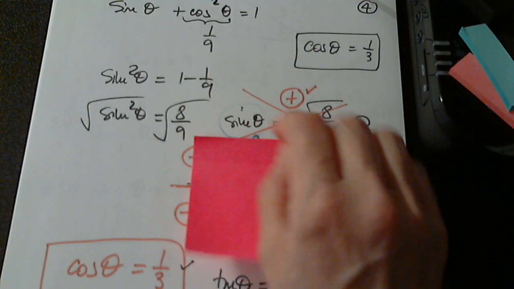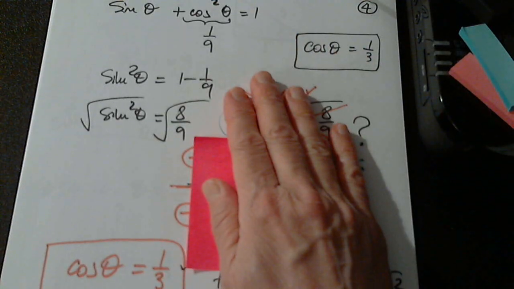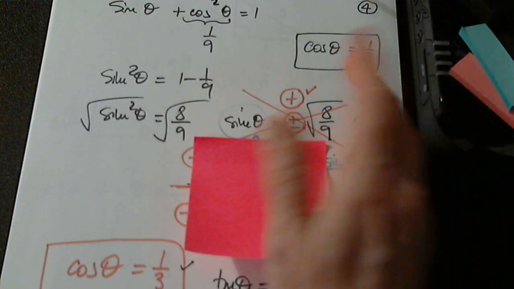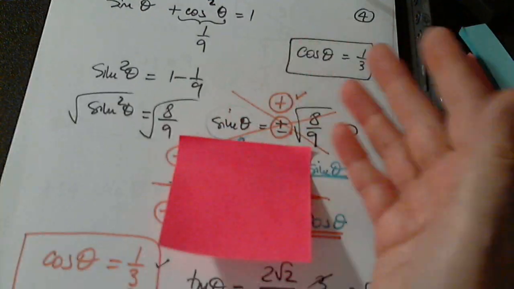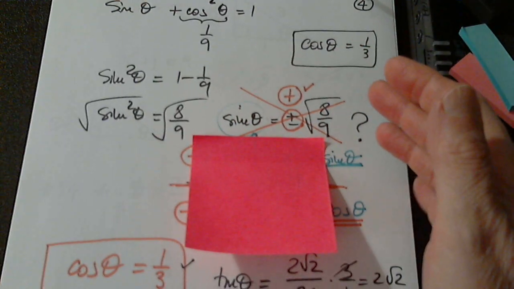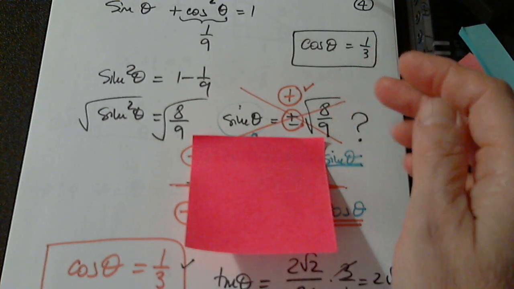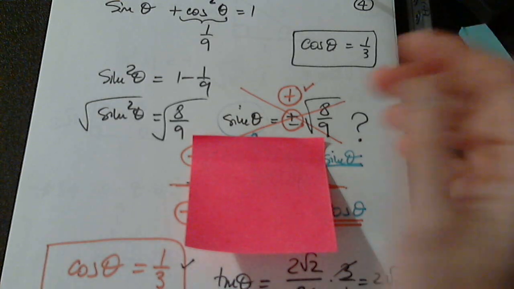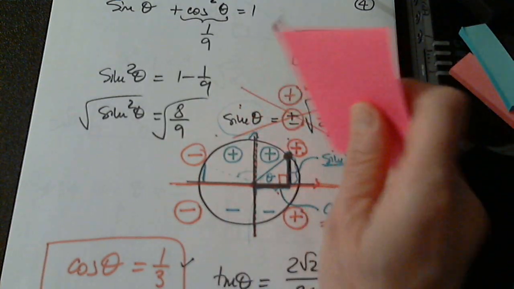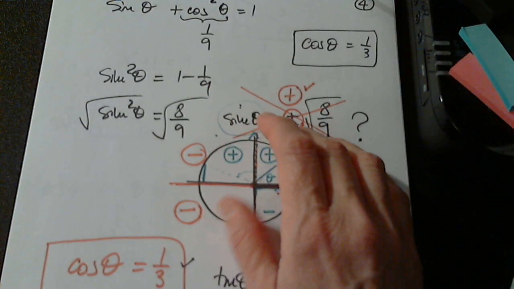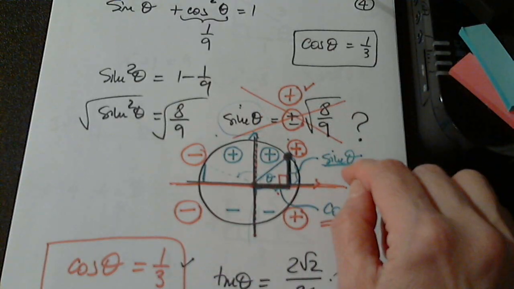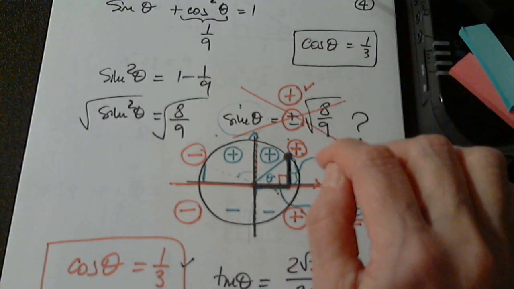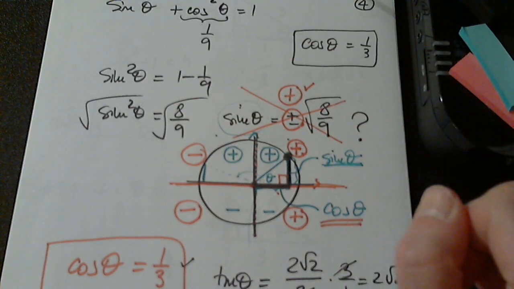And as I said, this is a little bit redundant because, of course, in a right triangle, all angles have positive values for their trig functions. But I just wanted to expose you to this idea of where we measure from early on, where we measure sine, where we measure cosine.